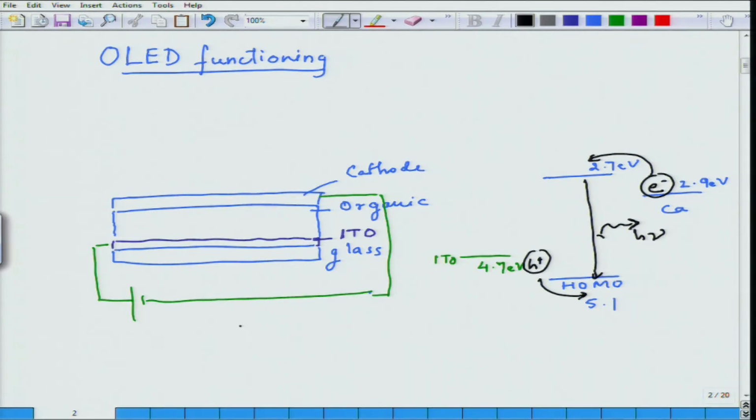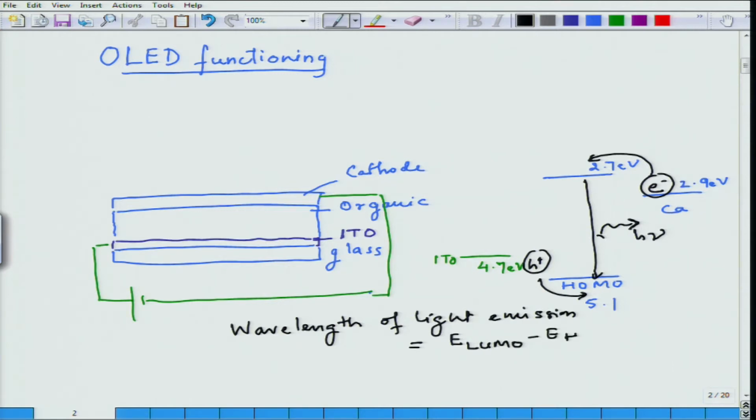So, you can see the wavelength of the light emission in the OLED is related to the energy difference between the LUMO and HOMO of the organic material. So, this is a way of trying to figure out how to get OLEDs of different color.